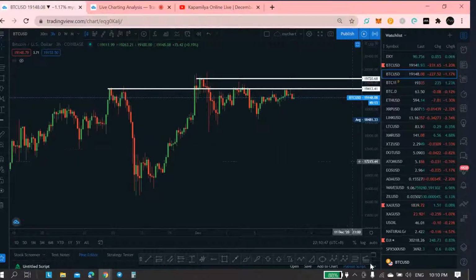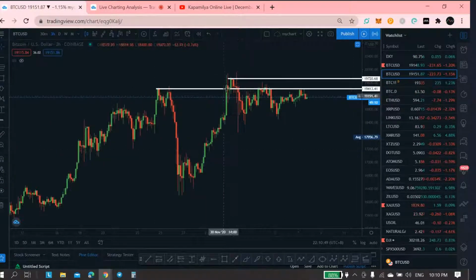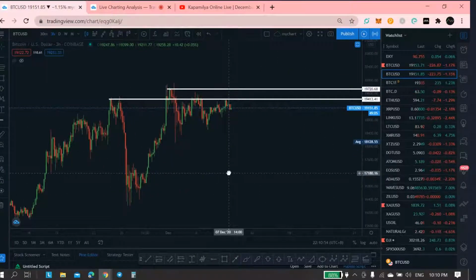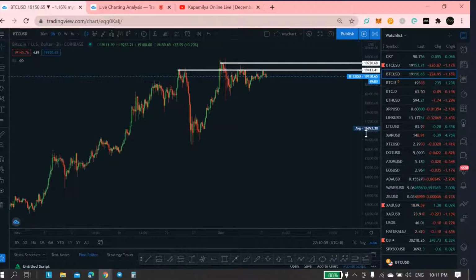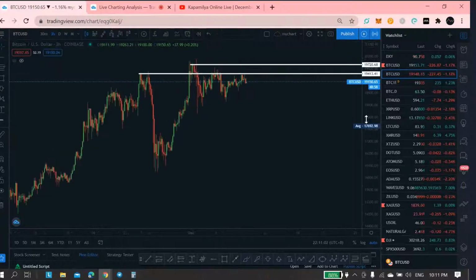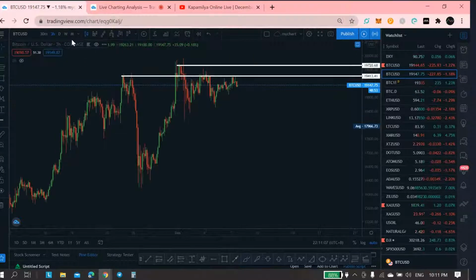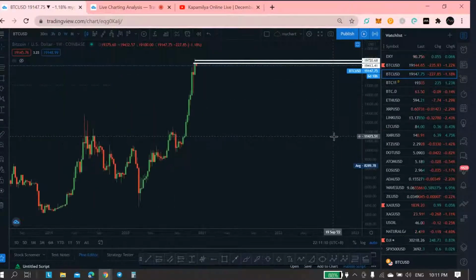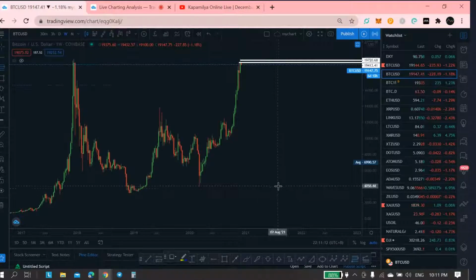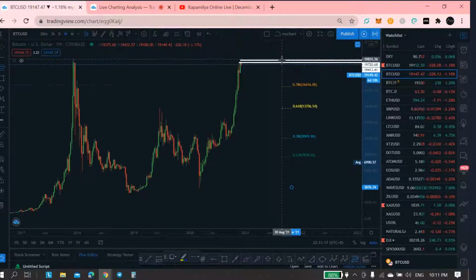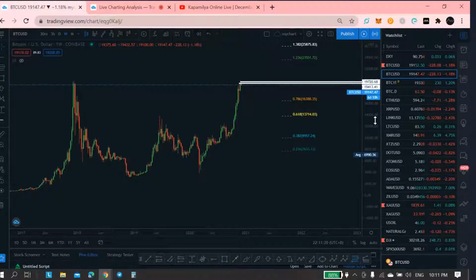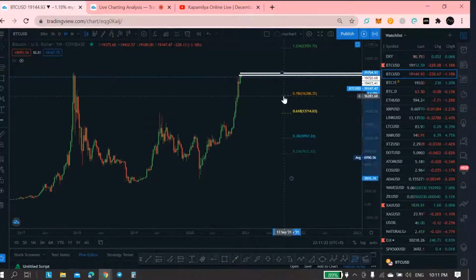And then you can just add the fib here. You can just extend it from here, and what we are looking at is the 1.618, which is close to 23,000, if I'm not mistaken. Yeah, close to that area if it continues.